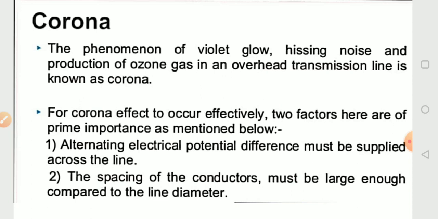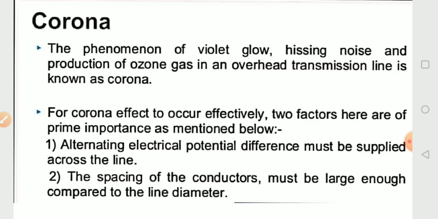The same is the case in the transmission line: the intensity is maximum at the surface, and as you move away from the conductor it keeps decreasing. So we can say the intensity is maximum at the surface of the conductor.